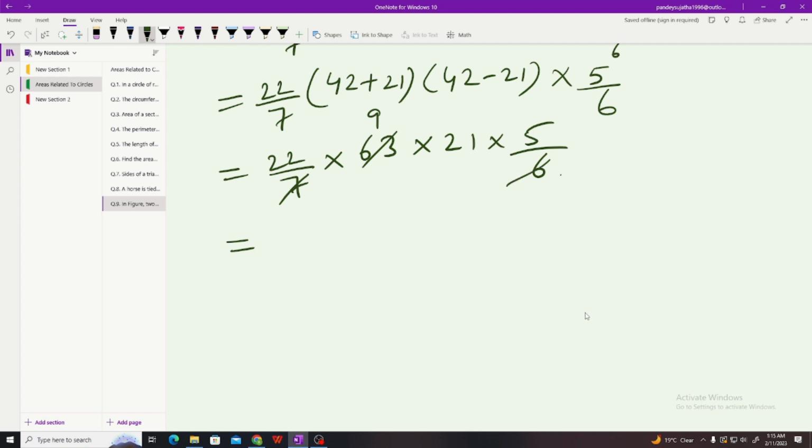Cancel this and then cancel this also. So now multiply 99 into 35. Multiply and write the answer. We get the answer here as 3465.